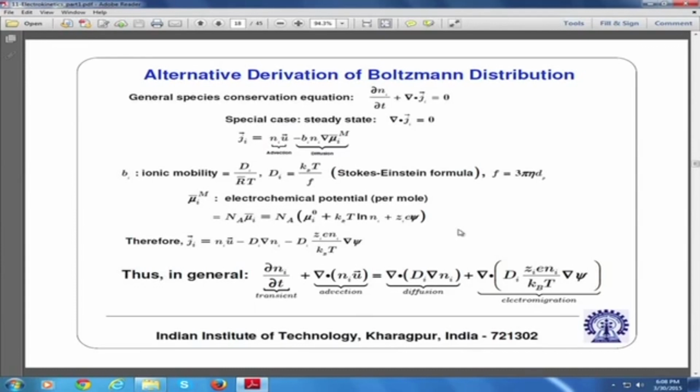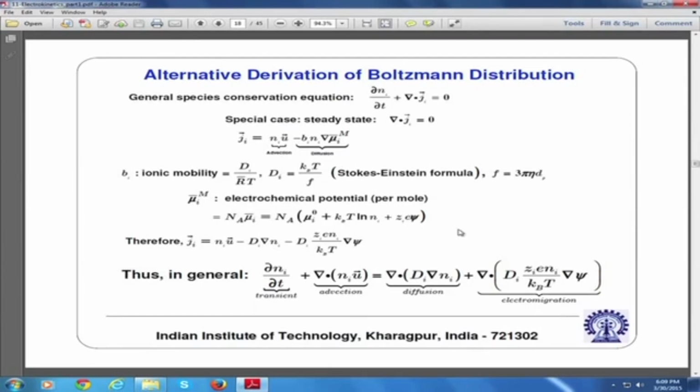Now the flux will be typically related to what? Ji will be, one part due to fluid flow, equal to Ni into U. Now you can write the flux directly from thermodynamics, noting that the flux is proportional to the number density, because the more the number density, the more the flux, and the flux is proportional to the gradient of the electrochemical potential, not the chemical potential, because here the chemical species have charges.